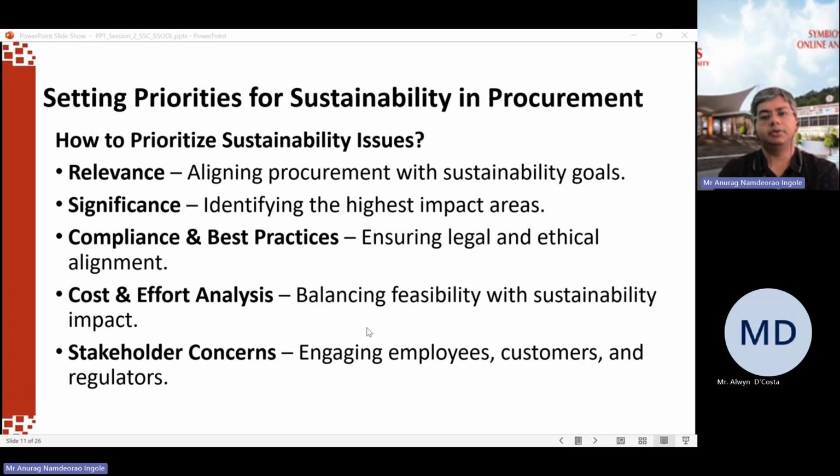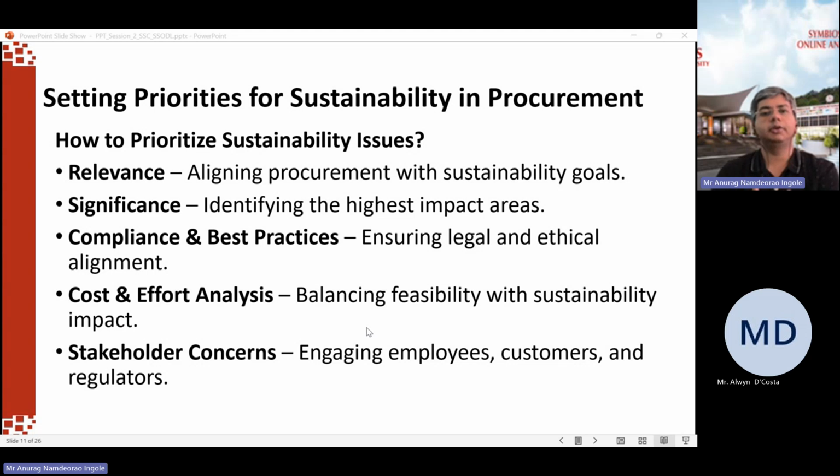Then significance. We have to identify the highest impact areas. Whatever sustainability issues we are going to address, those need to be of the highest impact, because we are going to invest something in that. Then compliance and best practices.